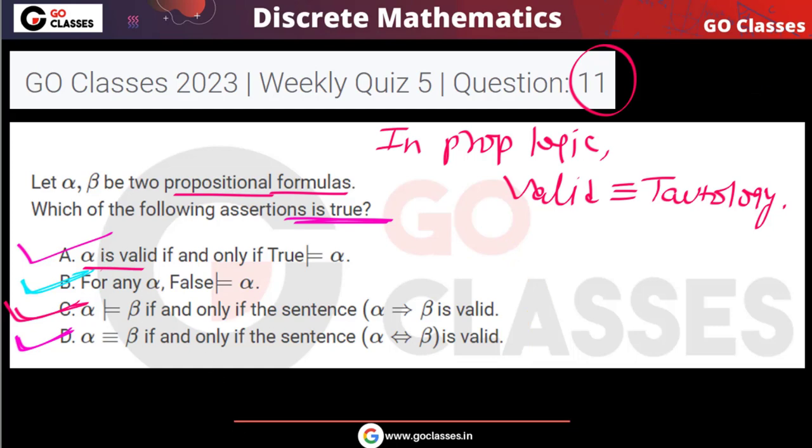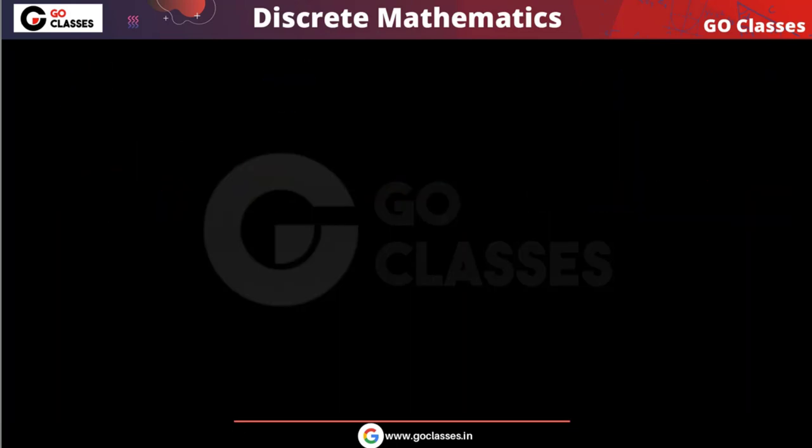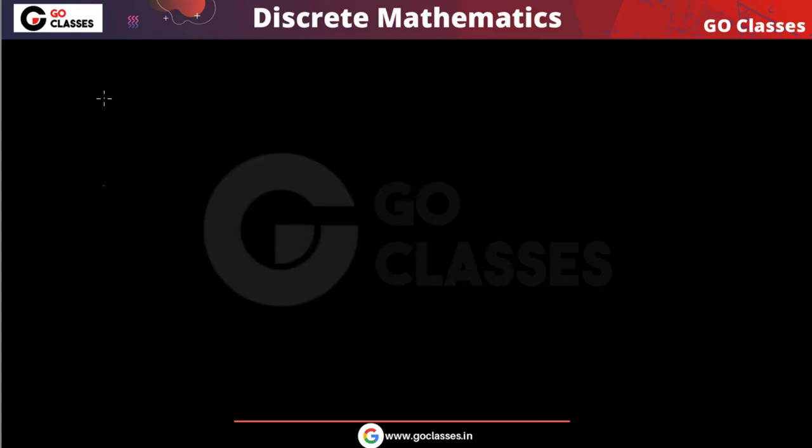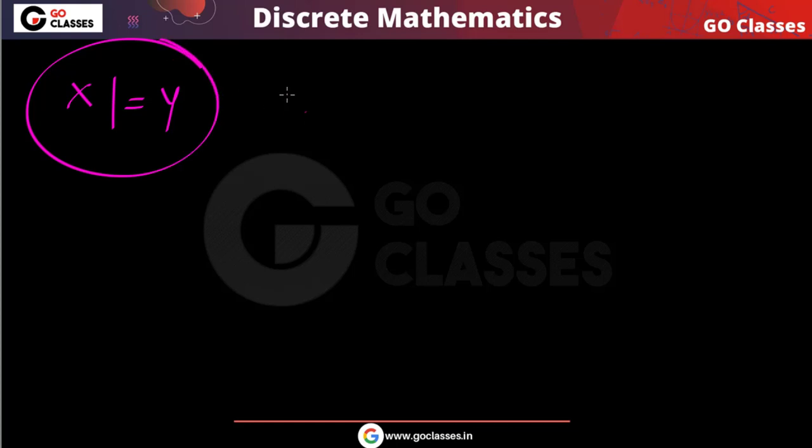This is another MSQ question. All the options are correct. Okay, let's see, this is question number 12. This is another very simple question. Many students find this scary. For example, if I write x infers y, remember what it simply means: x implies y is a tautology.